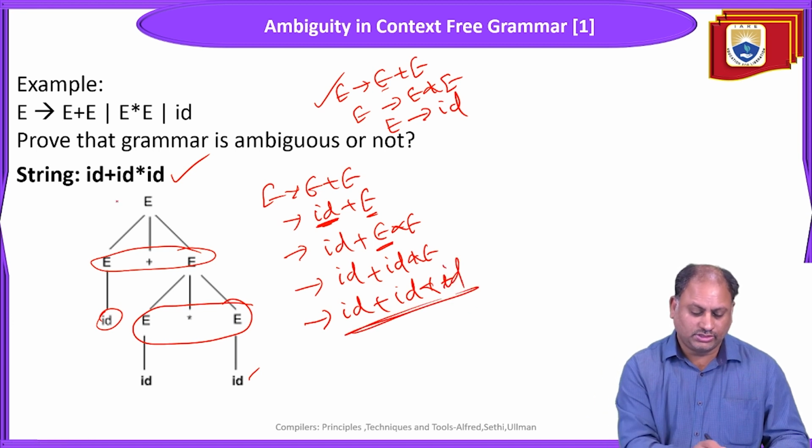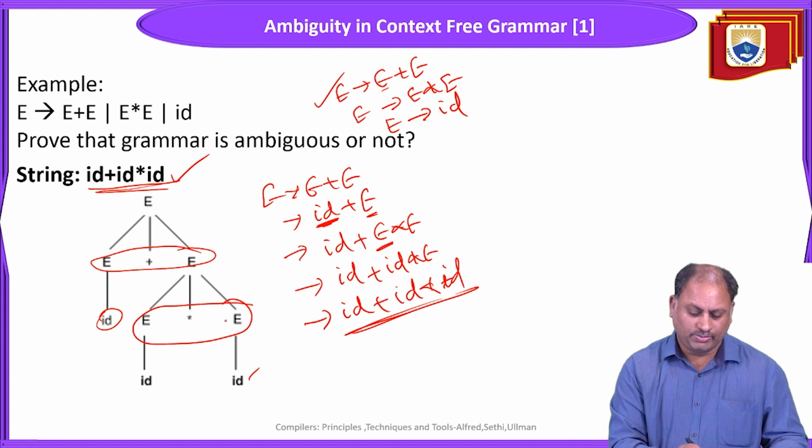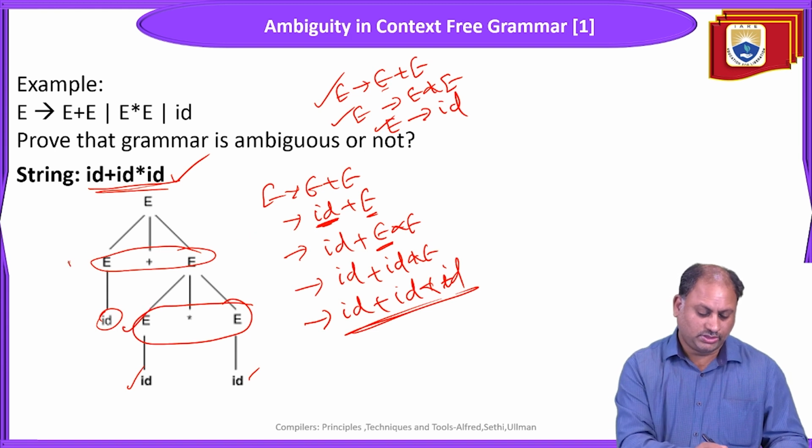So what is the string? We achieved the same string. That is the leftmost derivation with the help of the given grammar. We applied E star E as the second rule and E derives ID as the third.